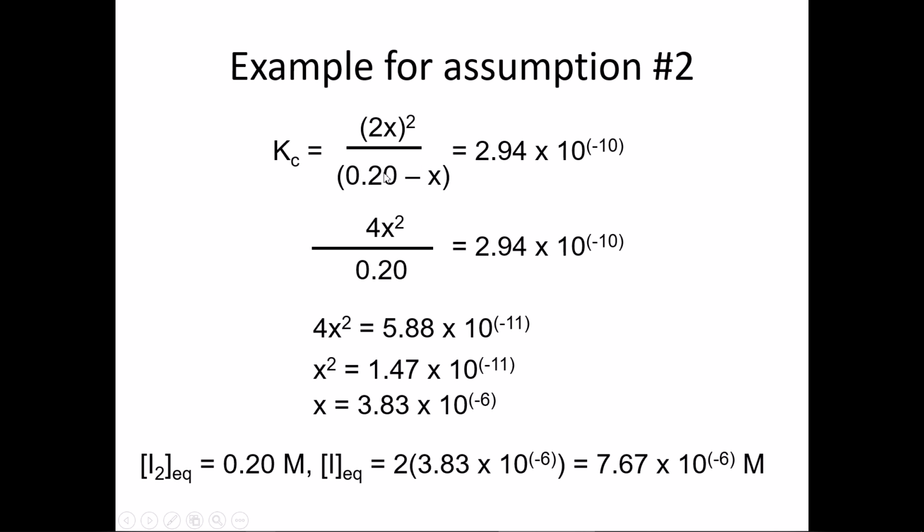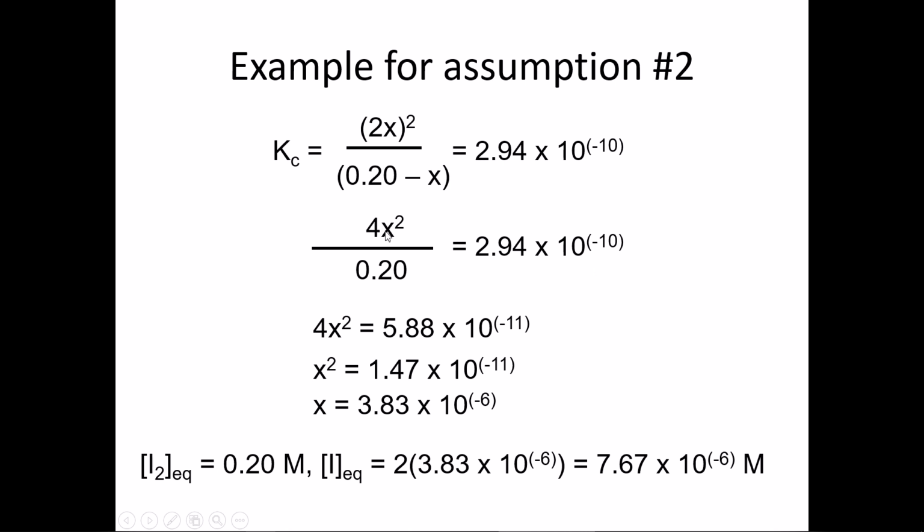So subtracting it from a much larger number doesn't really change anything in terms of significant figures. So we're going to ignore this minus X. It's too small to matter. It's negligible. So we have our 4x squared on the top divided by 0.2 on the bottom, because we're going to take off the minus X, equals our K value.